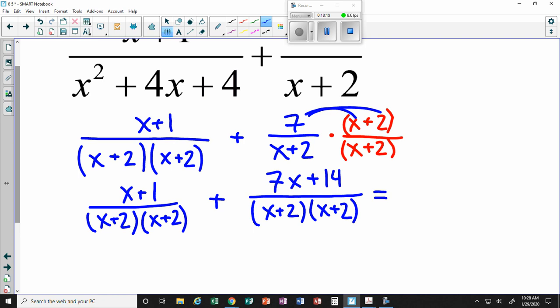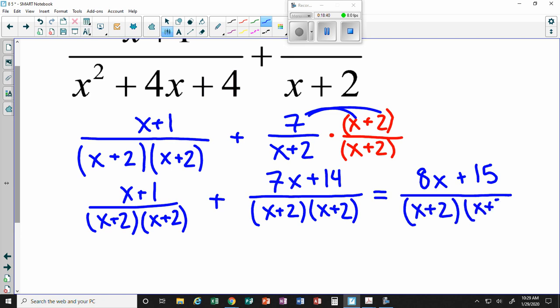So it's x over the highest power term would be x. x plus 7x, x, and then 1 plus 14. 8x plus 15, all over 2 times x plus 2.